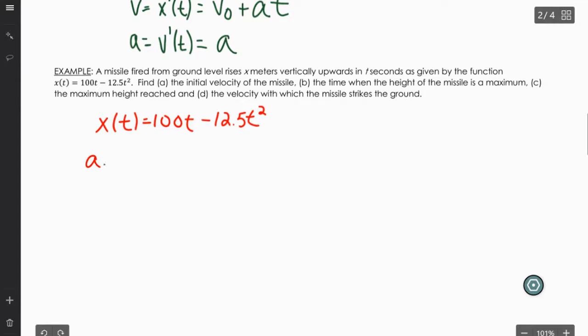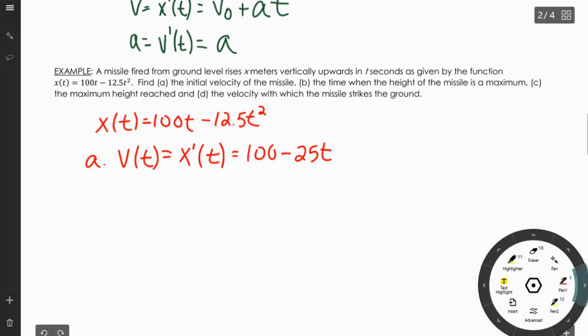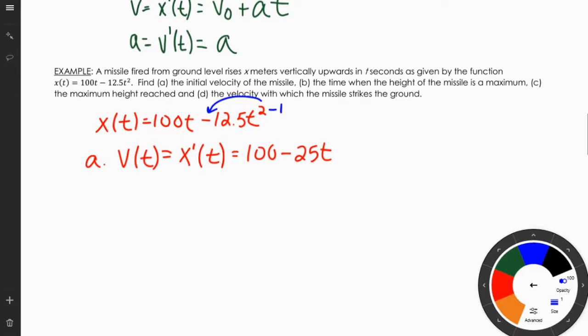So for part A, remember the velocity function is the derivative of the position function. So if we take the derivative of 100t minus 12.5t squared, we get 100 minus 25t. Again, I'll show you the power rule: we bring this down in front and we subtract 1. So 2 times 12.5 is 25. 2 minus 1 is 1, so that becomes t to the first.